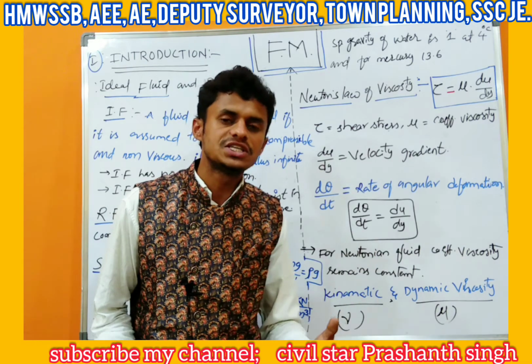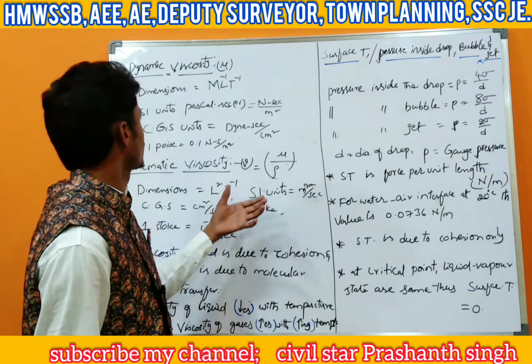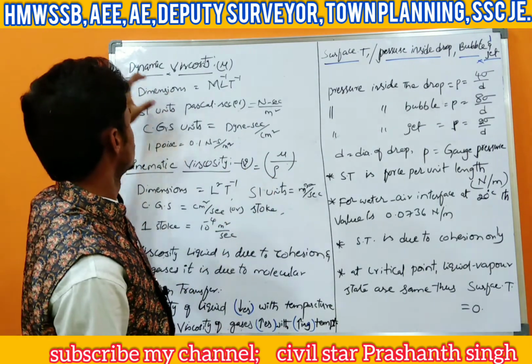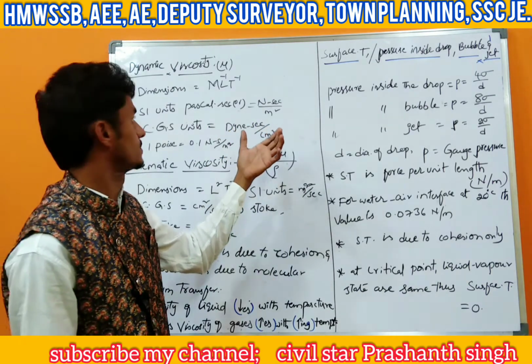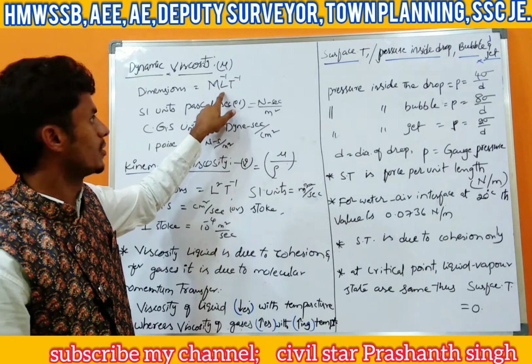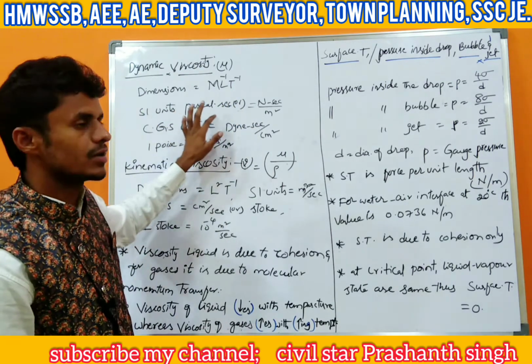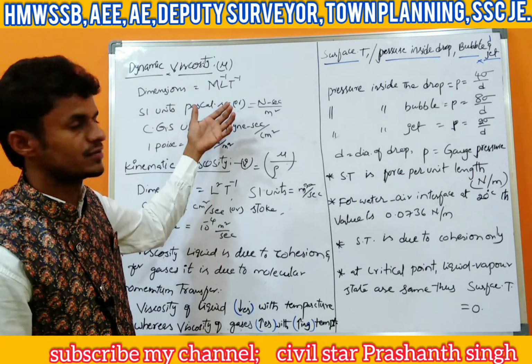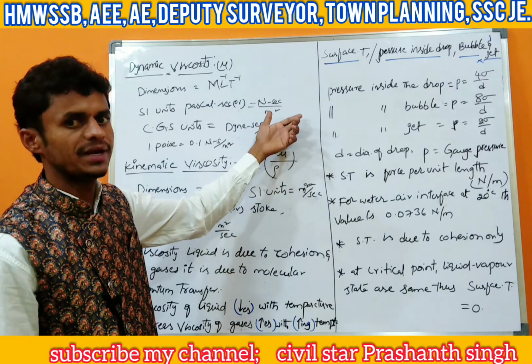What is dynamic viscosity and what is kinematic viscosity? For dynamic viscosity, the dimensional formula is M L power minus 1 T power minus 1. SI units of dynamic viscosity are Pascal second or Newton second per meter square.